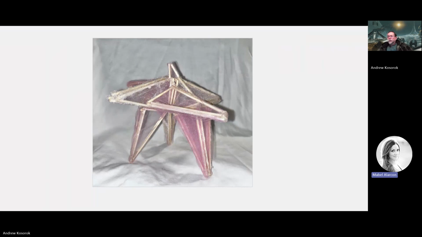Yeah, I also agree with you in the fact that it's a little bit hard to identify the modules.